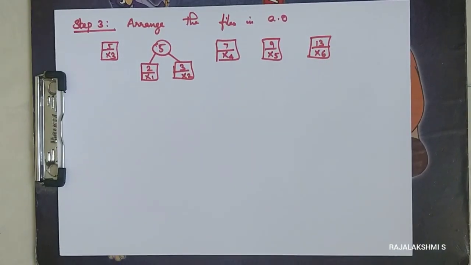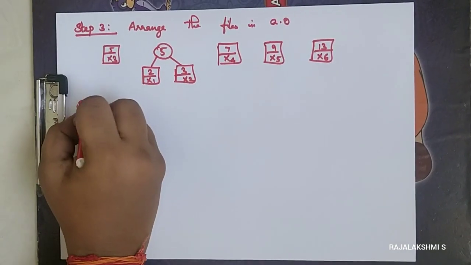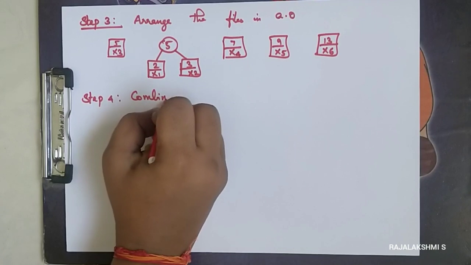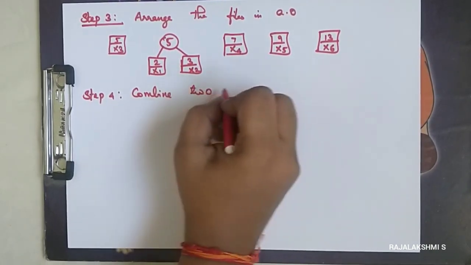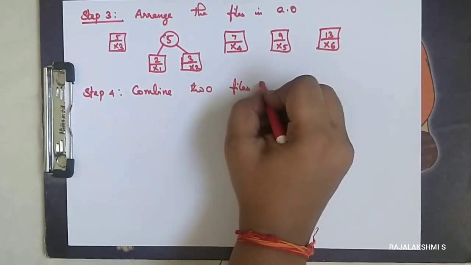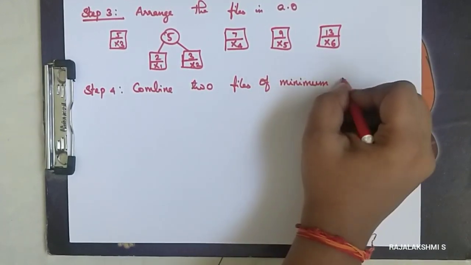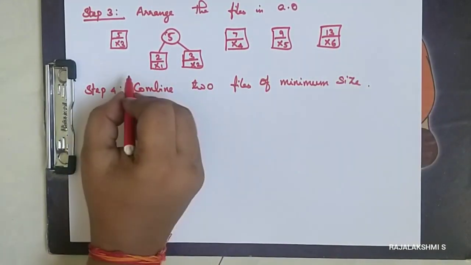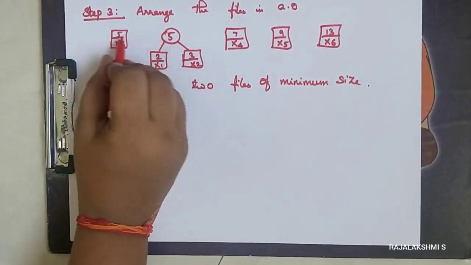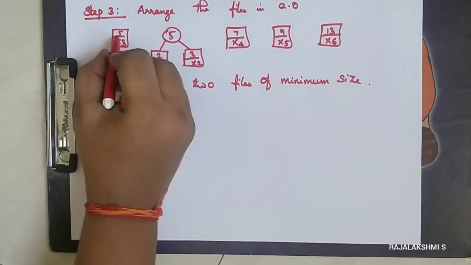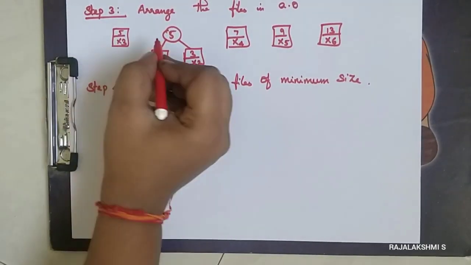So now after arranging, we have to combine two files of minimum size. Combine two files of minimum size. So here if we see, these two files are having minimum size. So while combining, the root will be the sum of the roots of the files to be combined.